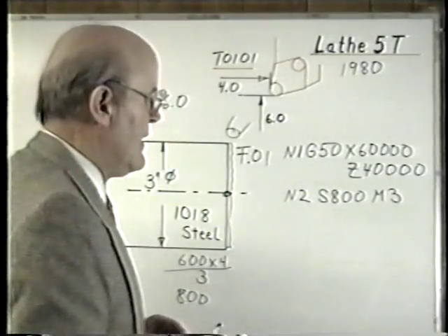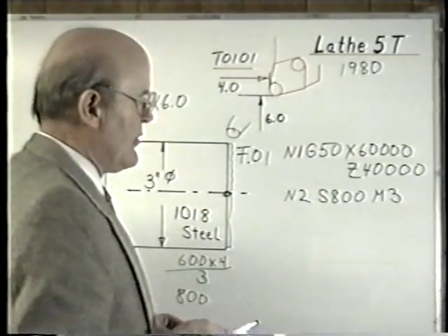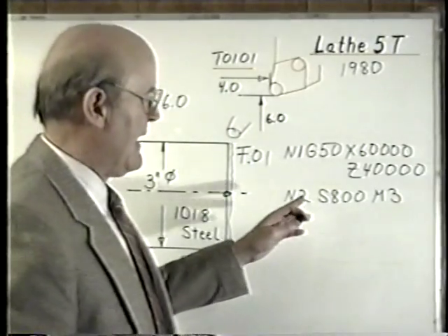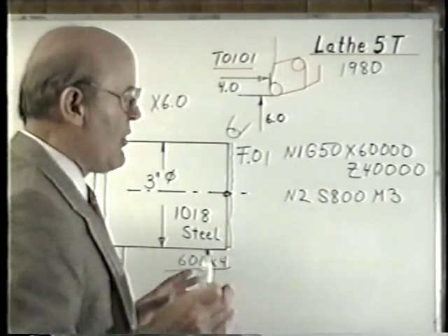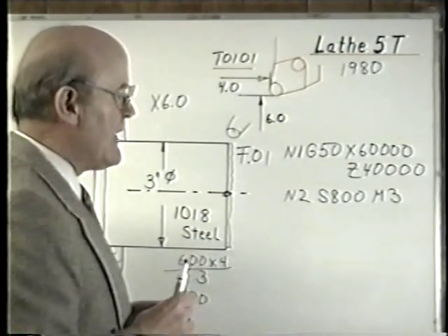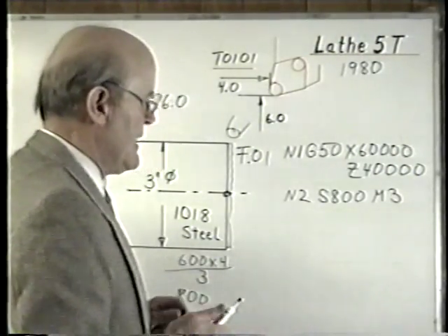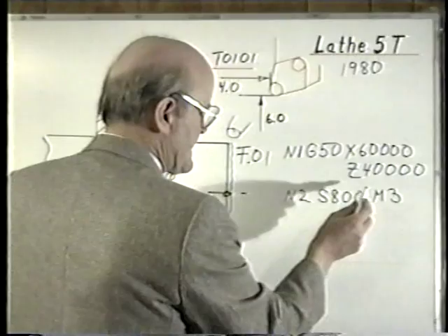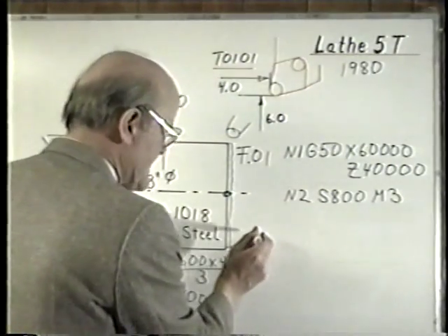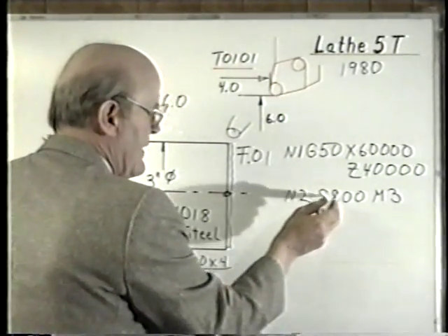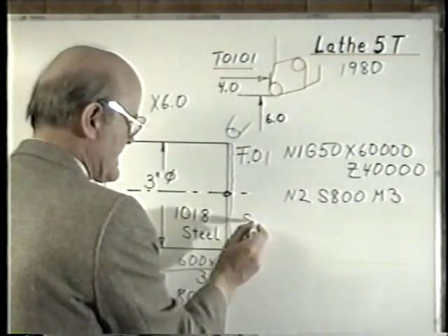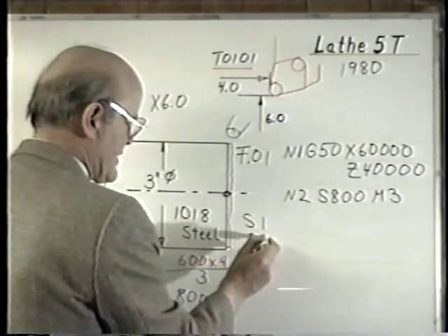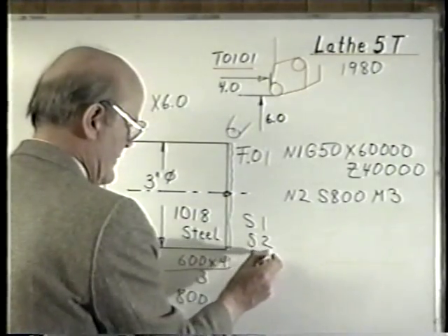Now, it is very possible that these older machines did not have this capability. They may not have a DC motor. They possibly could have a gear range. So the possibility exists that you have to pick the closest gear range to the number that represents this. For instance, it could be given like this: S1, S2, S3.